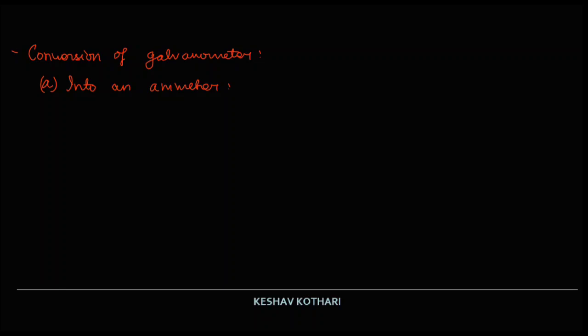If I draw the galvanometer like this, this is the resistance offered by the galvanometer. I am marking this as the positive terminal and this as the negative terminal, and the very feeble current passing through it is represented as Ig, and the resistance of the galvanometer is Rg, as a result of which a deflection is produced.